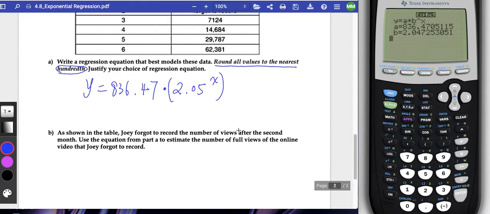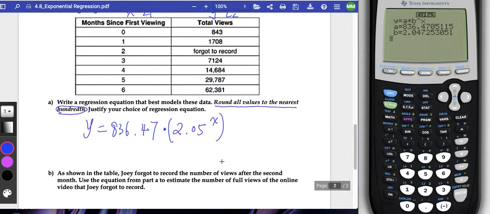Joey forgot to record the views of the second month, so use this to estimate the number of views of the online video. So now I'm going to use this to go back and track how many views actually happened in month 2. But remember, this is a prediction, so probably not exactly the views, but we can definitely get the general idea.